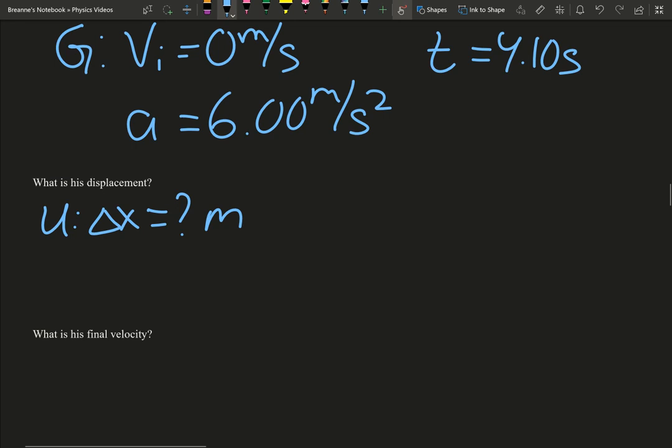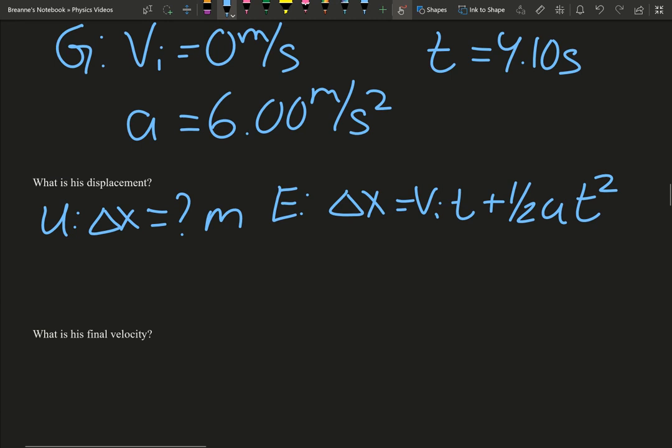So for our equation, you can look back at our equations and see what equation has initial velocity, time, acceleration, and your delta x. If you look back, you'll see that your delta x equals v_i t plus 1/2 a t squared.